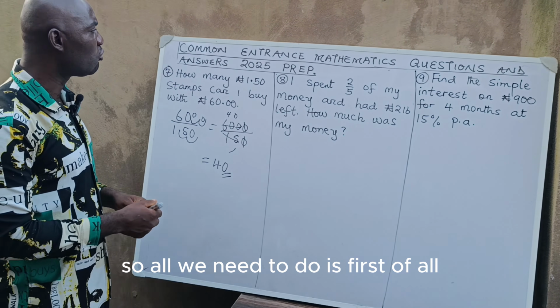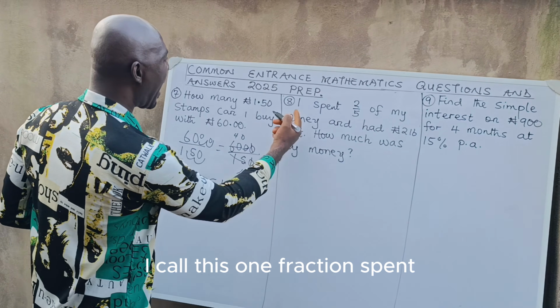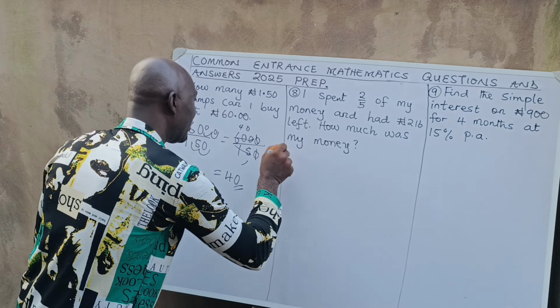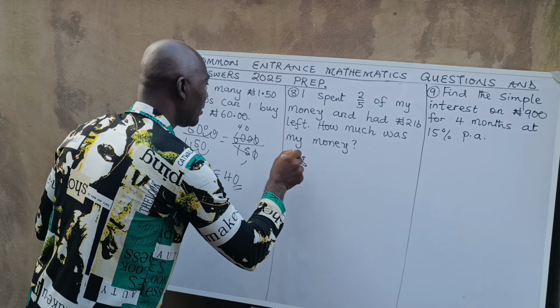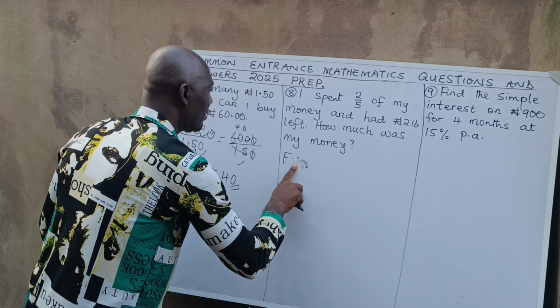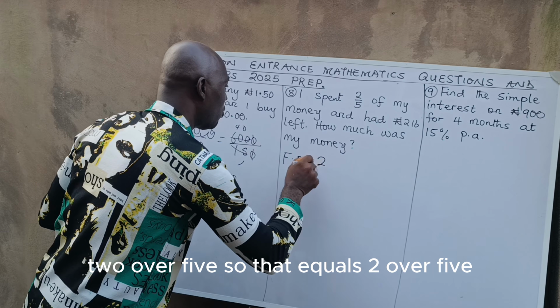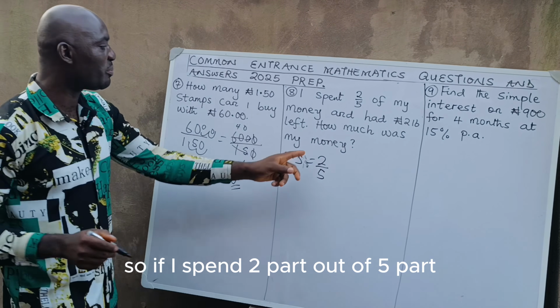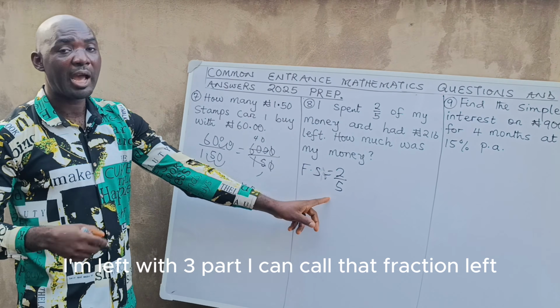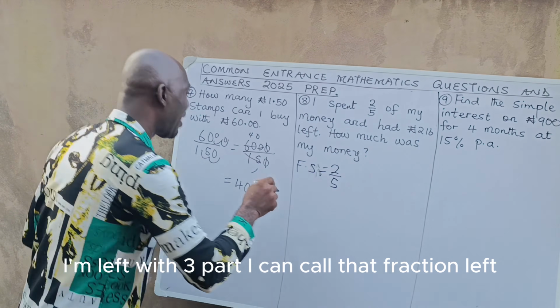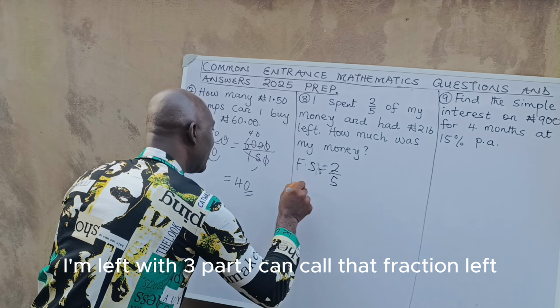So first of all, I call this the fraction spent. I spent 2/5. So if I spend 2 parts out of 5 parts, I'm left with 3 parts. I can call that the fraction left.